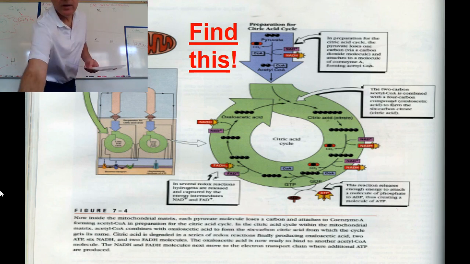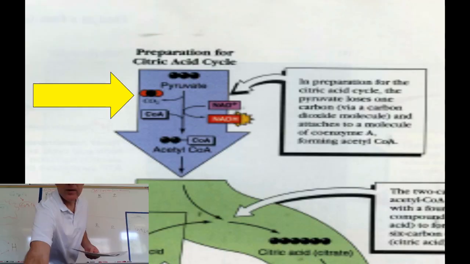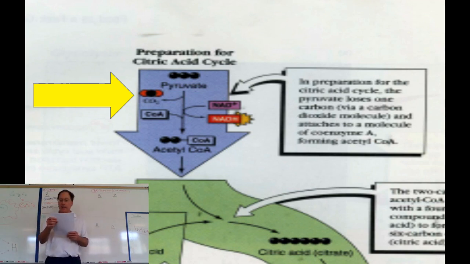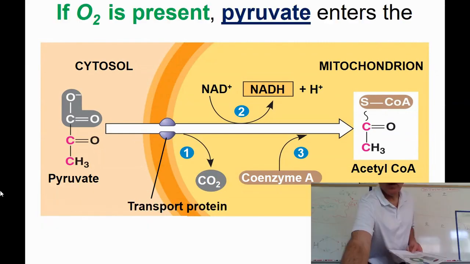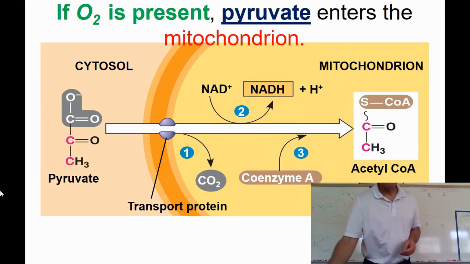Let's go way up here to the top, and I'm going to read that box. It says, in preparation for the citric acid cycle, the pyruvate loses 1 carbon via a carbon dioxide molecule and attaches to a molecule of coenzyme A, forming acetyl-CoA. So you can take a look at that picture there.